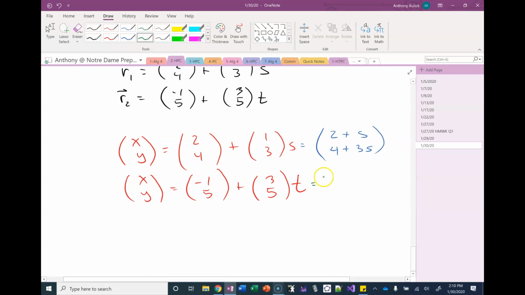Okay. This second equation, I'd get -1 plus 3t, and then 5 plus 5t. Everybody okay there?